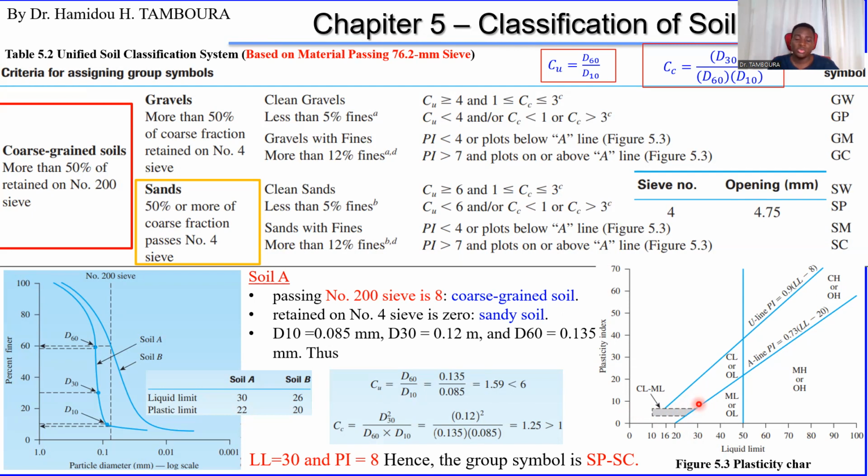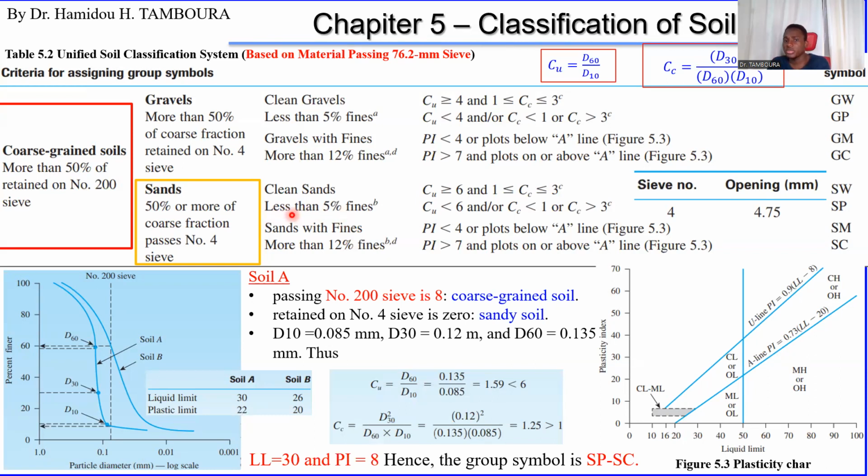Okay, so just remember something. Do you remember in which case we have double symbol for the coarse-grained soil? We have double symbol when the percentage of fine is between 5 and 12. Do you remember that?